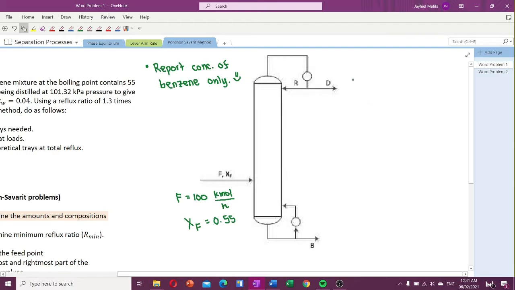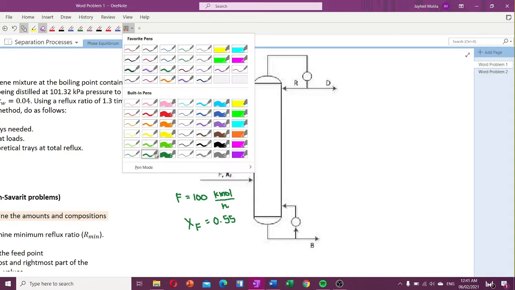As for the amount of distillate, do we have the information on that one? I think not yet.